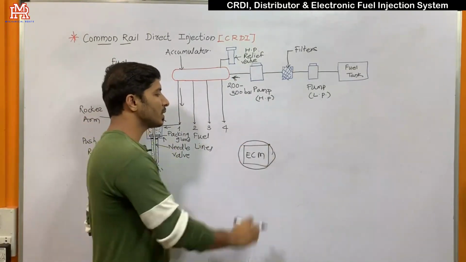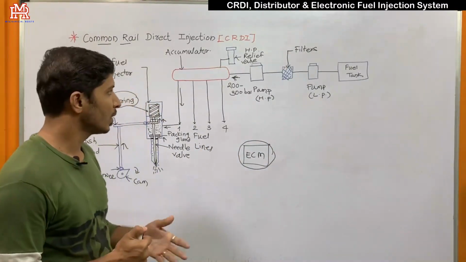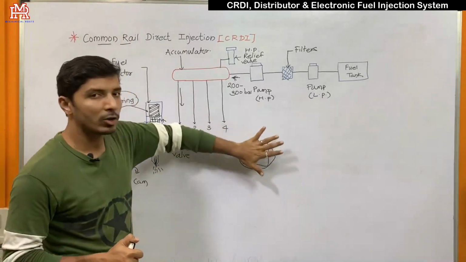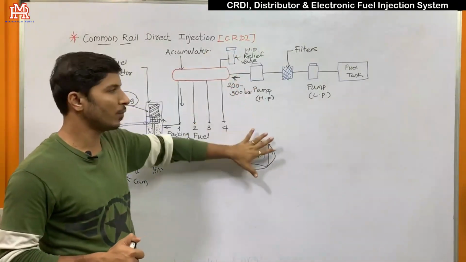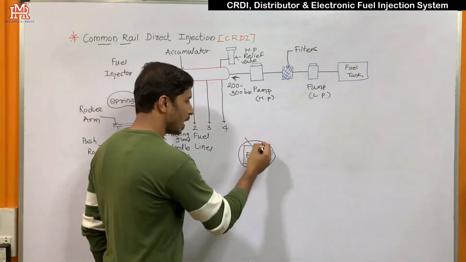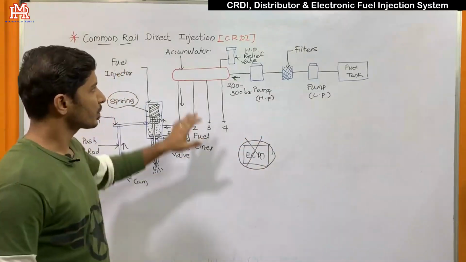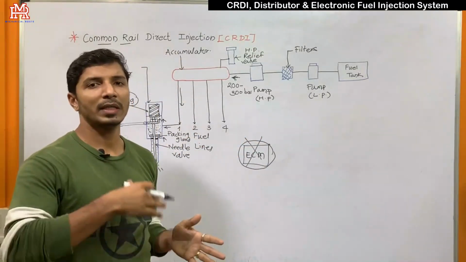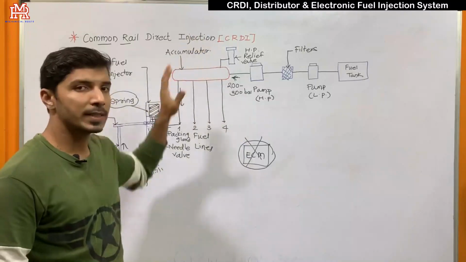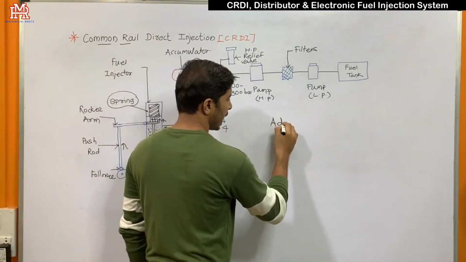We are about to discuss this in your next system, which is the electronic fuel injection system. If we attach this electronic module to the CRDI system, then we will definitely get better performance. But this time I am not considering that we have attached the ECM. So now we will discuss the advantages and disadvantages of the CRDI system. First we will discuss the CRDI advantages.